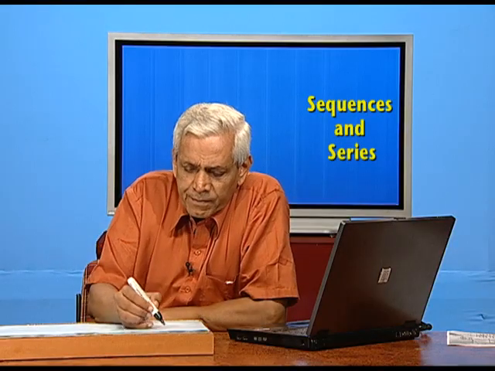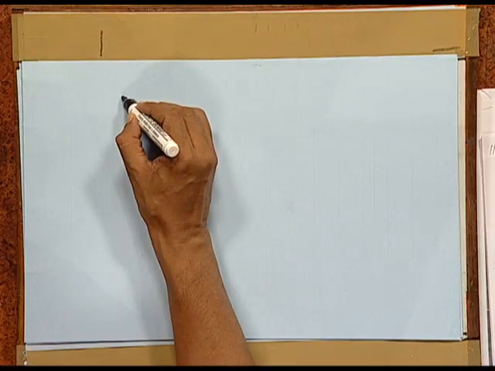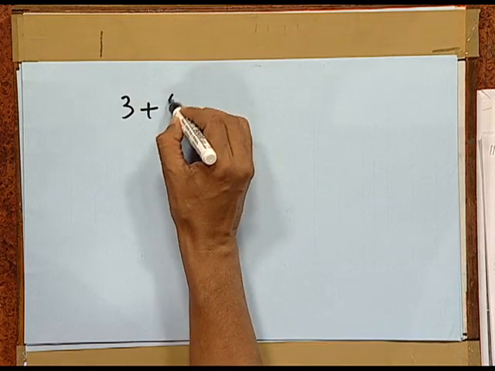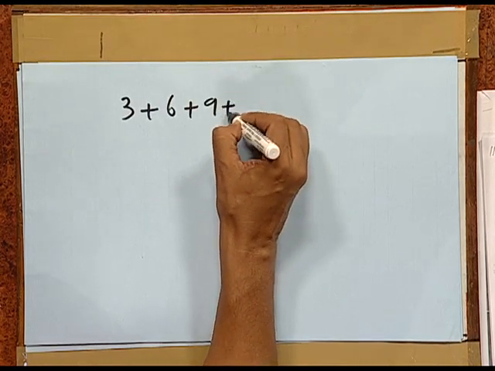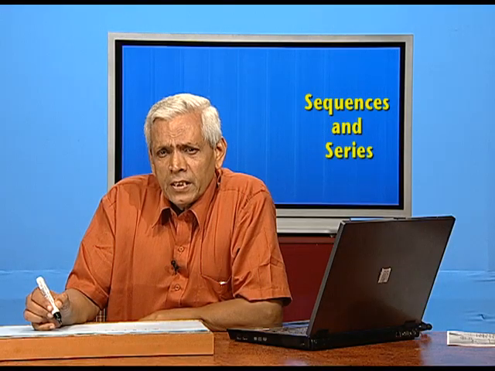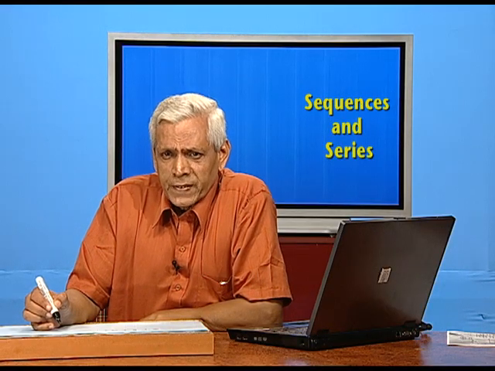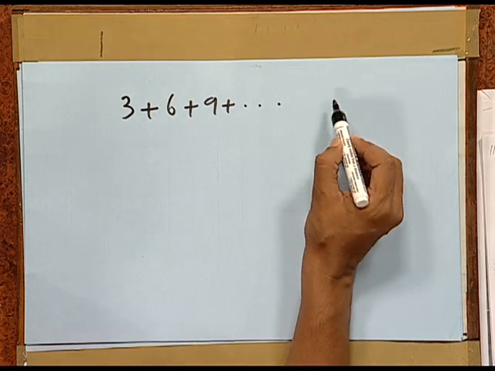Now, look at what I write: 3 plus 6 plus 9 and so on. What I have written is not a sequence. In fact, it looks like a sequence, but there is a difference. Here a plus sign is coming between any terms.